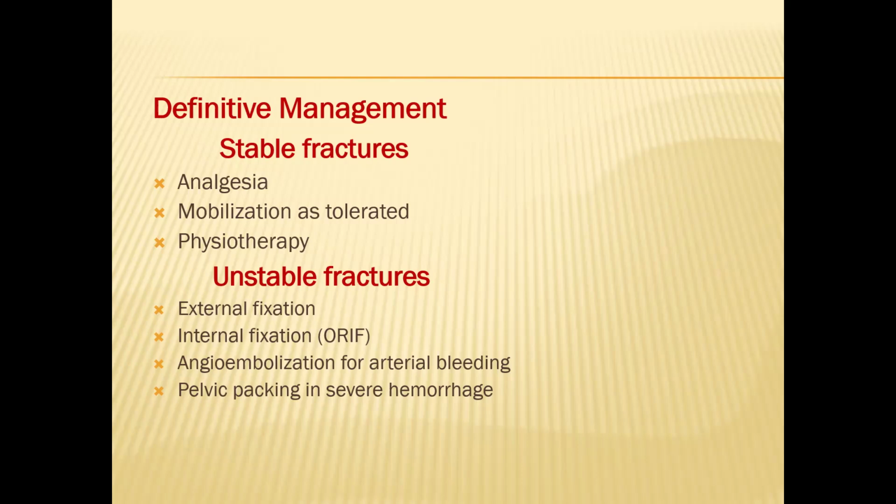So unstable fractures mostly need fixation. These fixations can be open reduction and internal fixation. As we can see, these pictures are examples of open reduction and internal fixation. The second picture is an example of an open book fracture and open reduction and internal fixation.